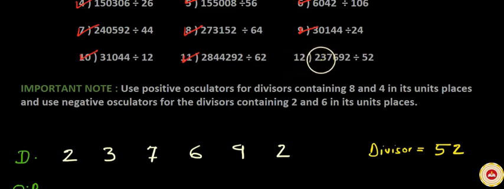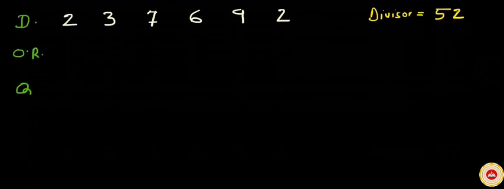So friends, last example, 12th example is 2,37,692 divided by 52. Divisor is 52. 2 in the units place. So we are going to find negative osculator. We need 2 in the units place to find negative osculator, which we already have.